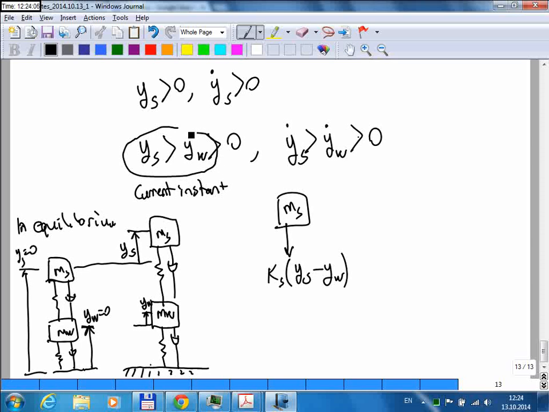That means this spring has a wider deflection compared to the equilibrium position, and the difference is given by ys minus yw. Okay?